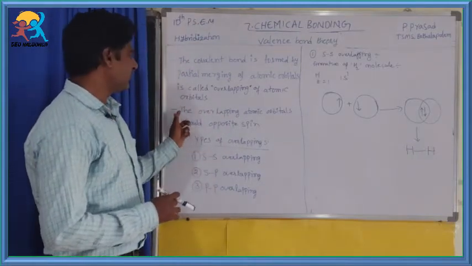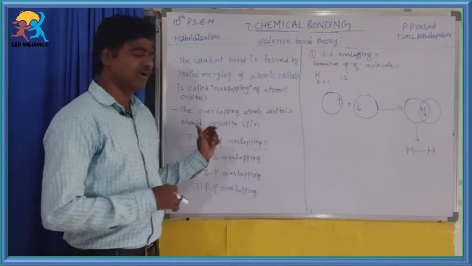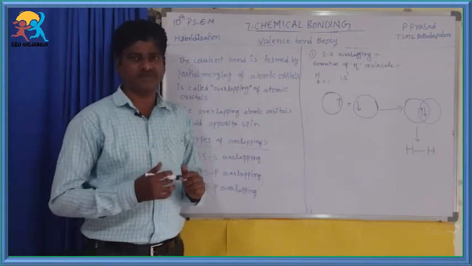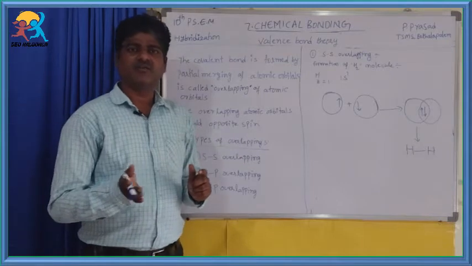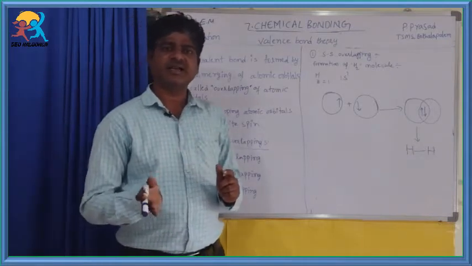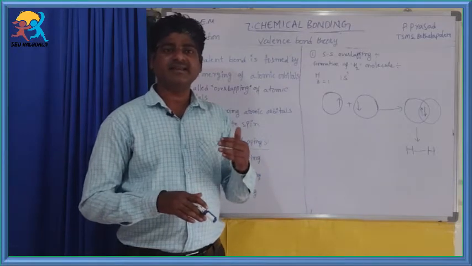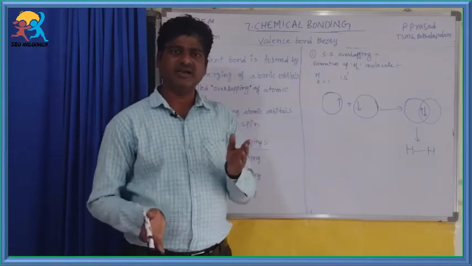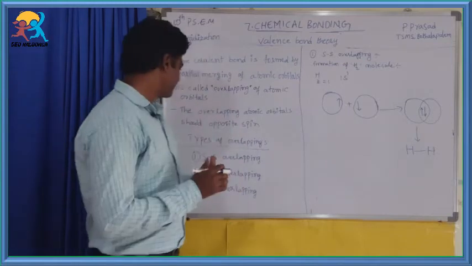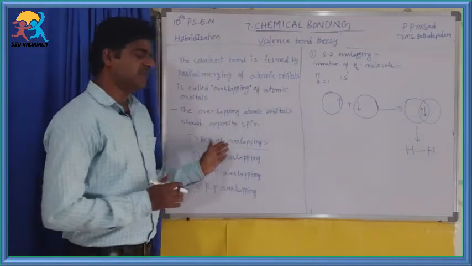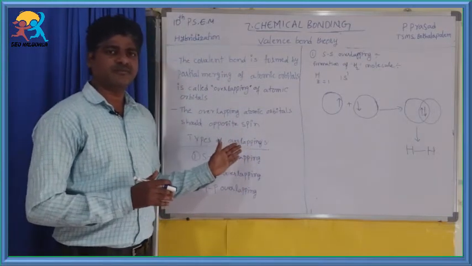So the overlapping atomic orbitals should have opposite spin. That means one electron should be in the clockwise direction, another electron in the anti-clockwise direction. That means opposite spin. Okay, so what types of overlapping are possible between atoms?